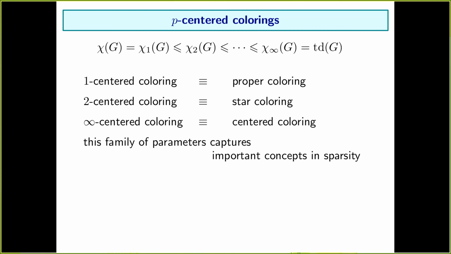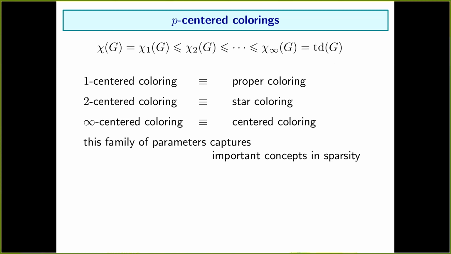So that's the family of parameters, p-centered chromatic numbers. And we actually know that all the nice families of graphs from structural graph theory have bounded expansion, all that comes to our mind.